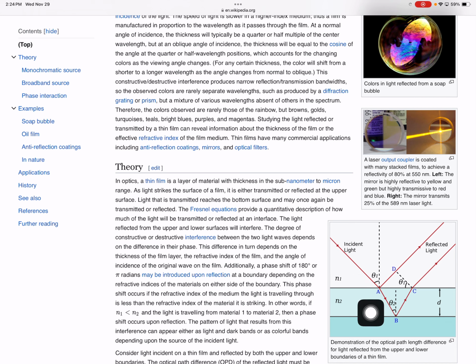It's like hitting hard stuff. This is oil, and then you're hitting water. That's also a hard reflection. Again, you need to know the phase shift. Here are these two reflected beams that are interfering. If you can see a color, that means it's constructively interfered. If you can't see a color, those are destructively interfered.